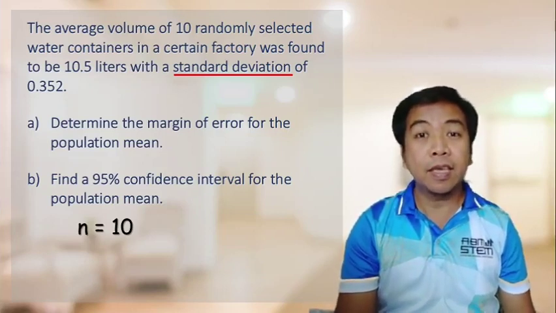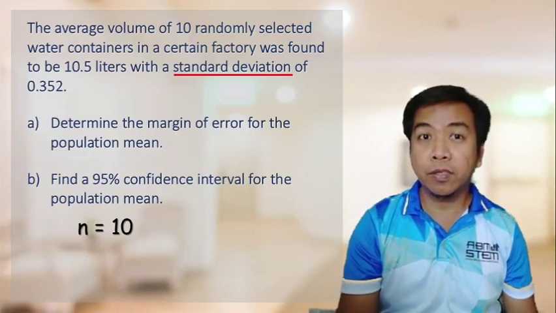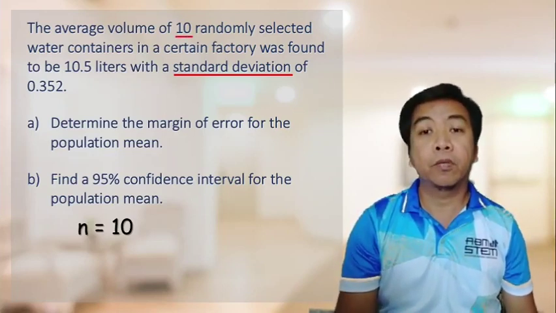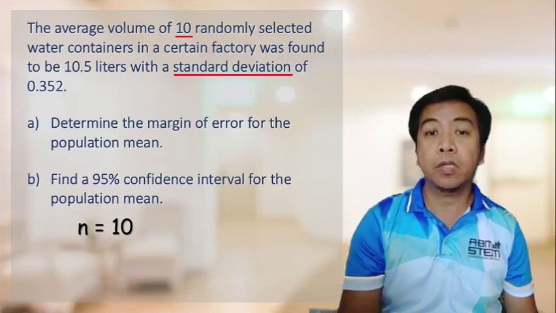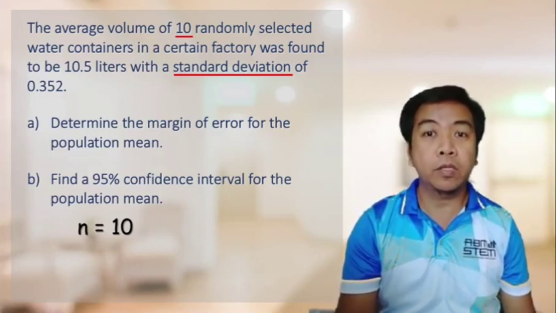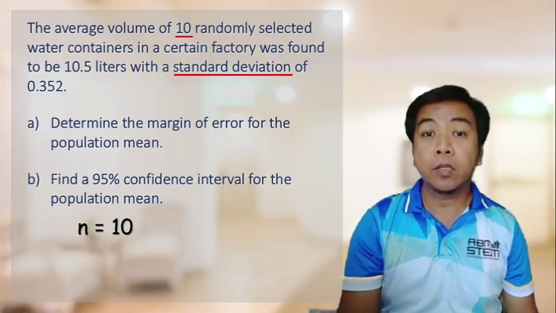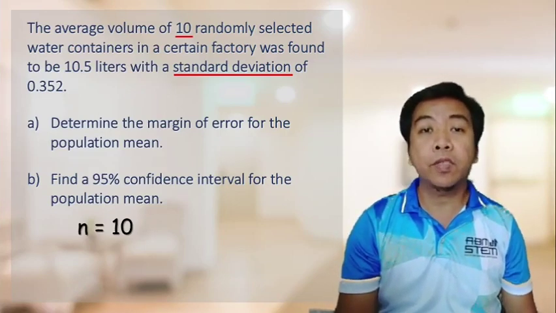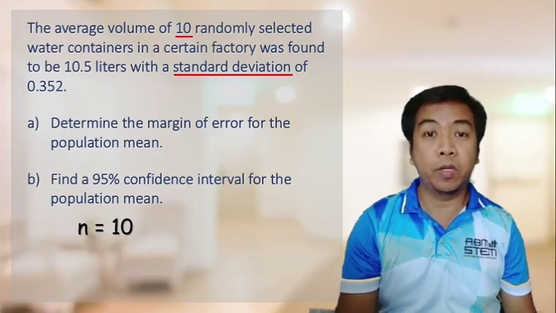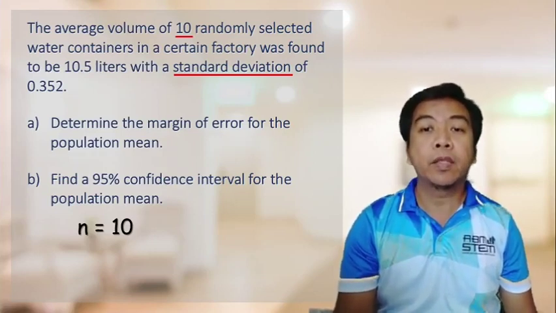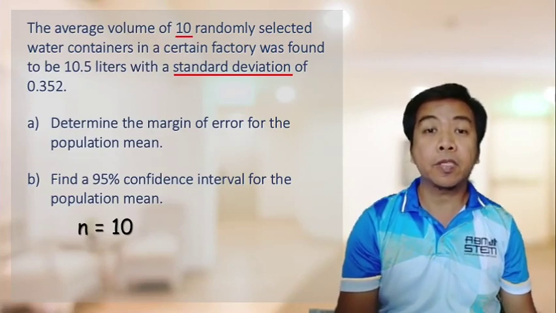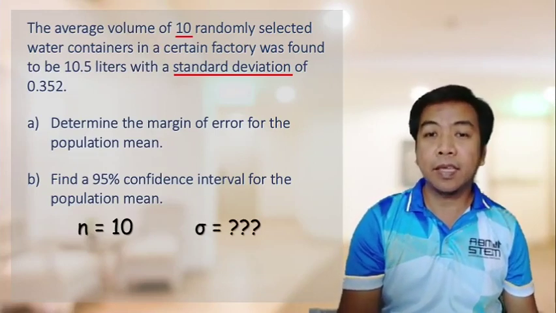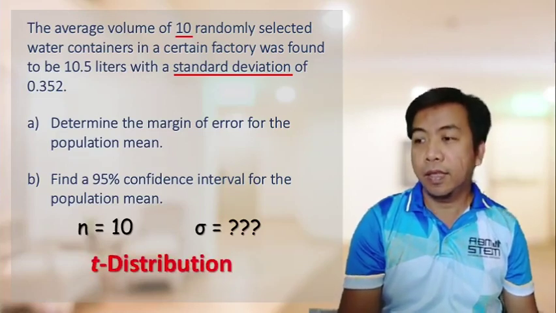Question: is this the population standard deviation? This problem describes the data of only 10 samples out of thousands or even millions of water containers. This only means that the standard deviation being mentioned here is that of the sample and not of the population standard deviation. Therefore, the population standard deviation is unknown. In that case, we will be using the t-distribution.